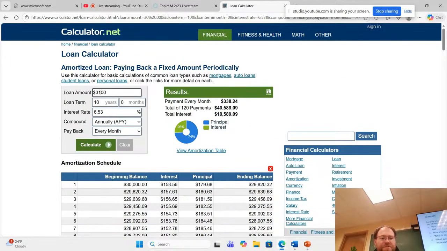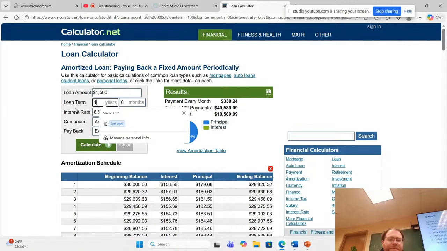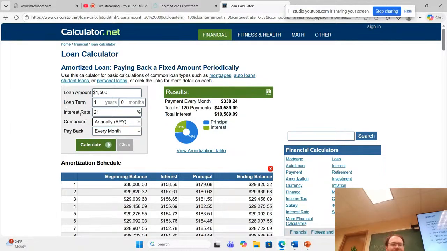And again, we could use Excel here if you wanted to, but we'll just get the same answer that we'll get here. $1,500 loan for 1 year at 21%.